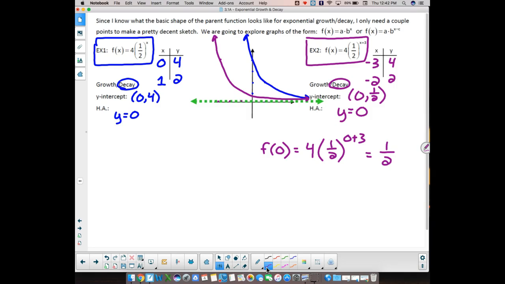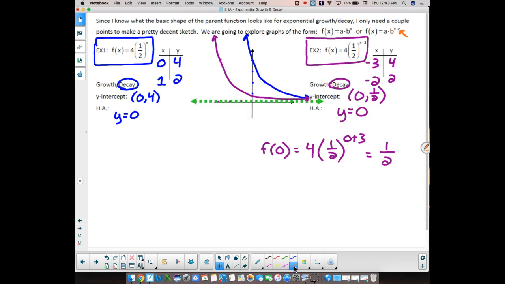What does that C value, this C value right there, what does that C value do to my function? Which way? Left and right.